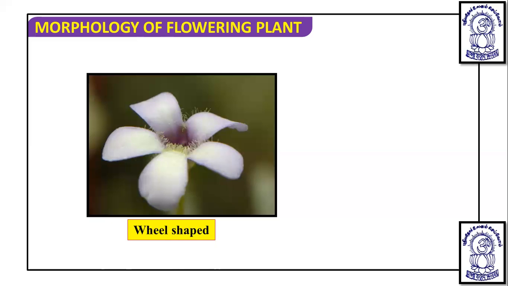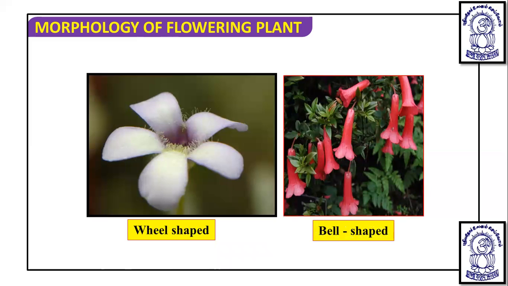The third one is wheel shaped, and the fourth one is bell shaped. In wheel shaped, which is also known as rotate, five gamopetalous petals are found, and they fuse, and the fused parts form a small tube-like structure.